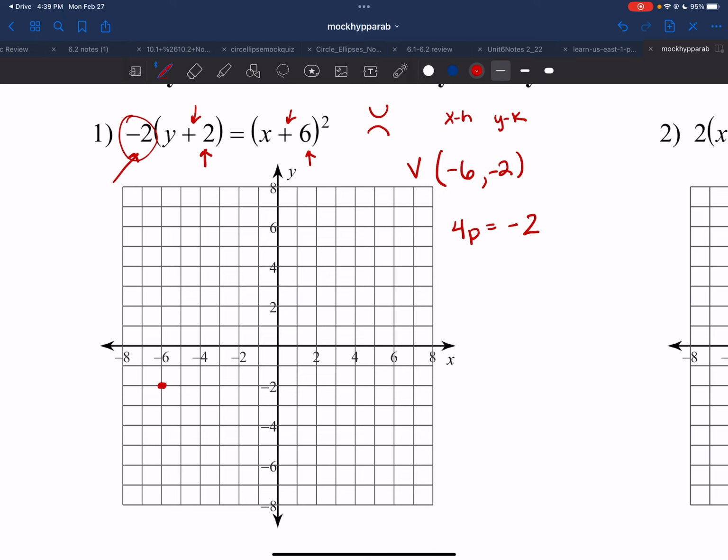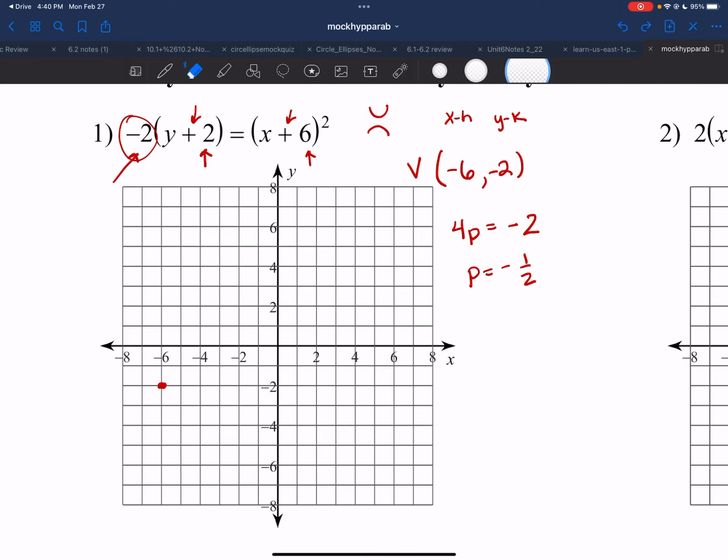Once I have that p value, I go away from it that amount on either side for my directrix and my focus. So once I divide both sides by 4, I get a p of -1/2. Now this negative basically tells me that I am going to look at a specific orientation on my parabola. So a negative would give me a concave down.